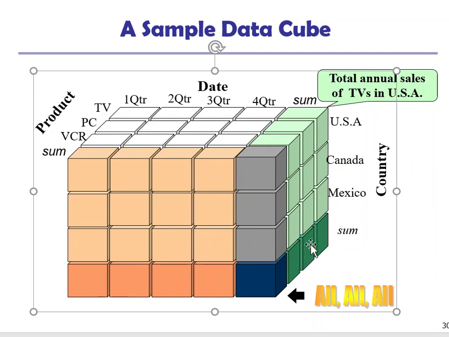And what is this? This is the product dimension, right? We disregard date and country. We compute only total sales of TV, total sales of PC, total sales of VCR, okay? And this block would be the what?